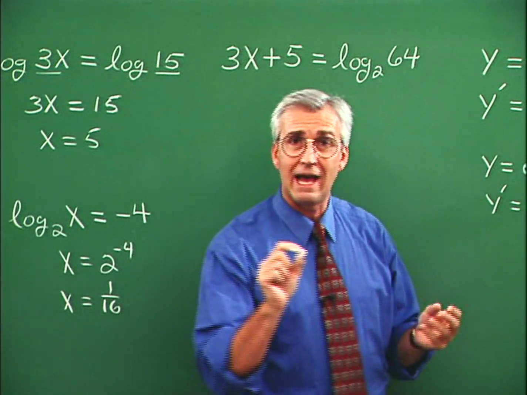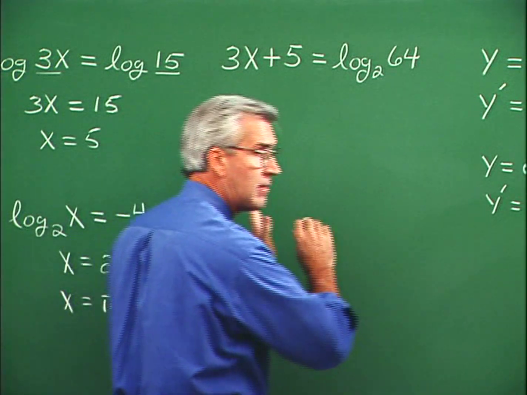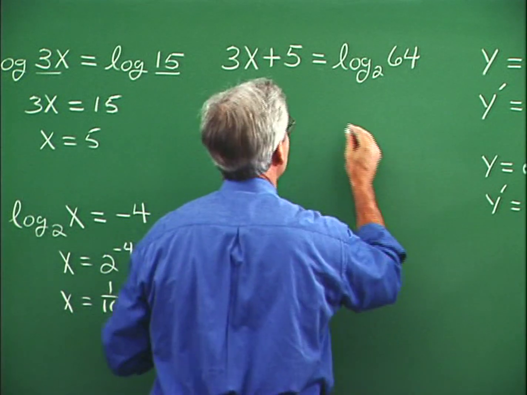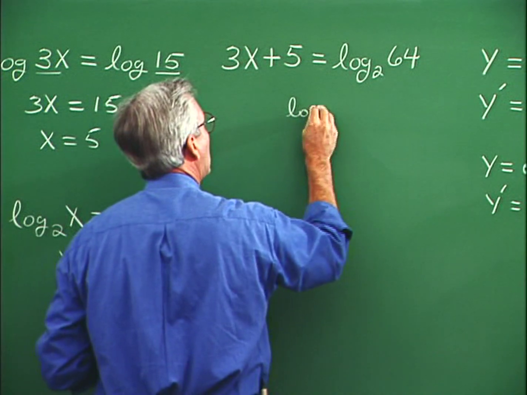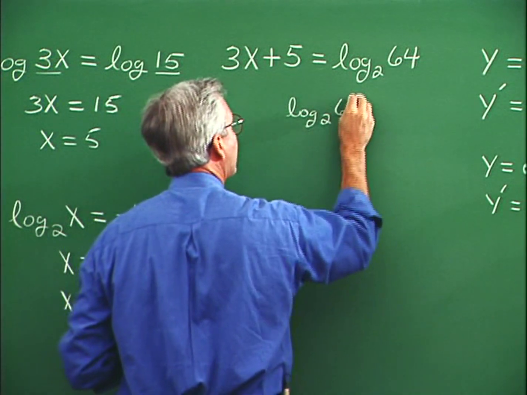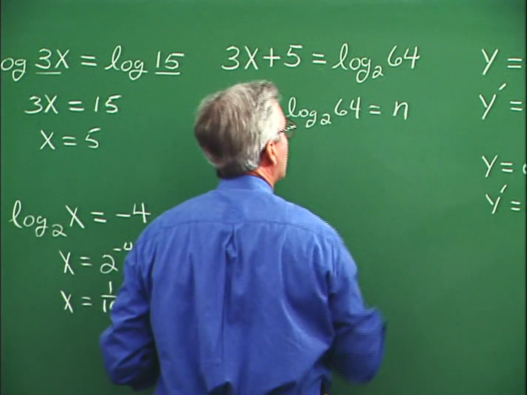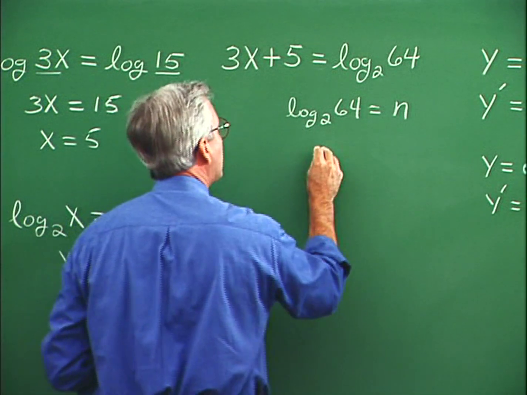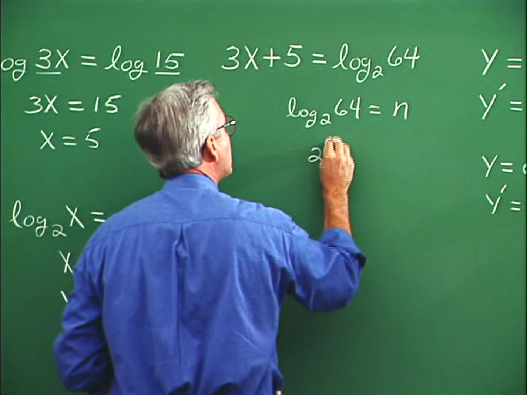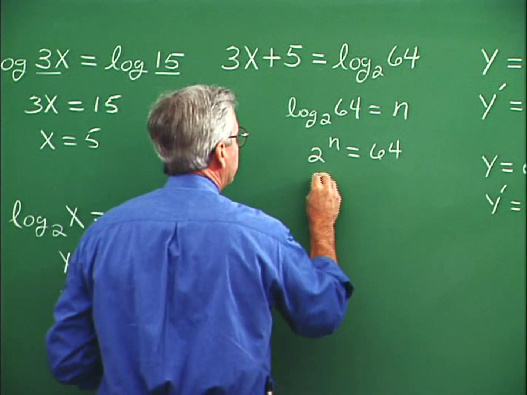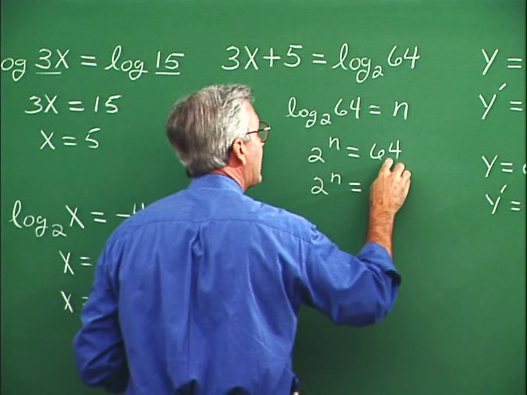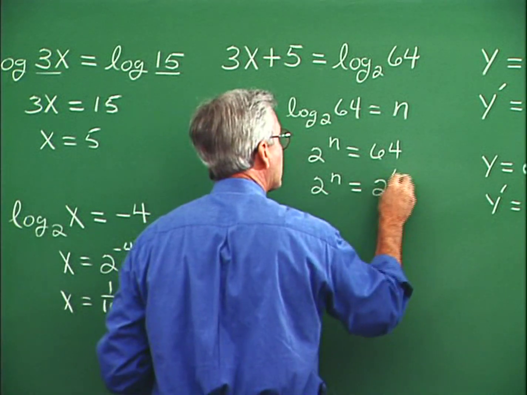If you don't know that right away, you can come out to the side and think about it a little bit. It is log base 2 of 64, and I'll set it equal to something like n. In the exponential form, it's 2 to the n equals 64. And, oh, happy day, we can write 64 as 2 to the 6th power.